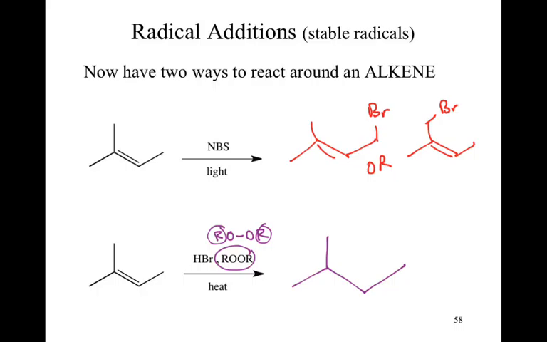I have a hard time saying, well, it's opposite of what I would predict. So what I would do is just say, okay, this is radical, and radical equals opposite. So I would go back to my double bond and say it probably makes sense to put the negative charge here and the positive here, which would mean that I would expect to put the bromine here and the hydrogen here, but it's heterolytic.